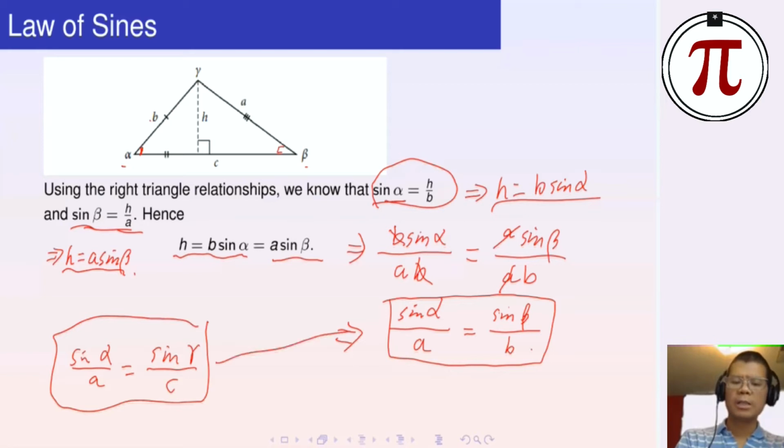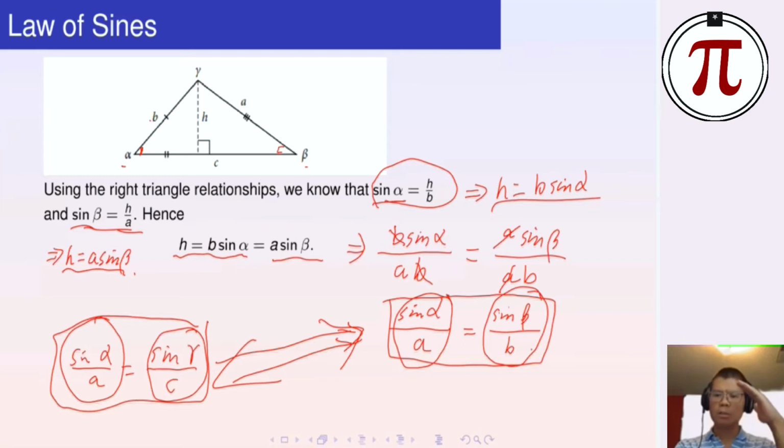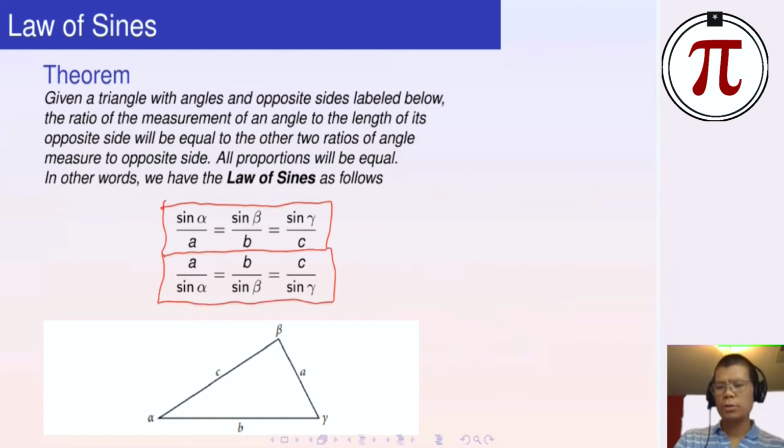So sine alpha over A equals sine beta over B equals sine gamma over C. That is what we have. This is the law of sines. These ratios are exactly the same.